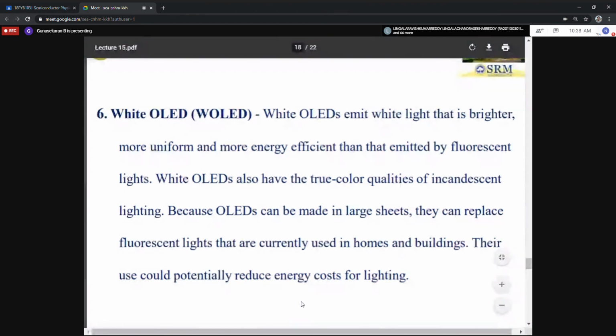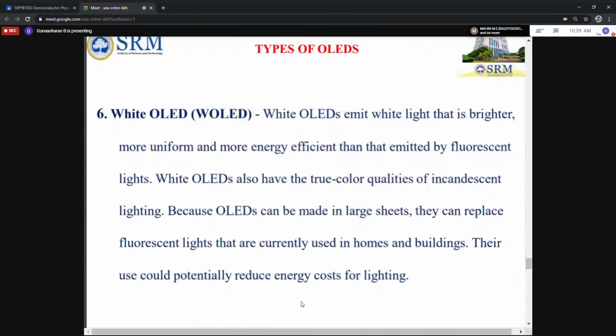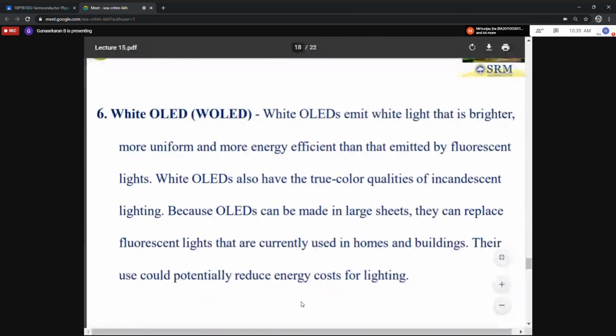I think most buildings constructed today are decorated with the help of OLEDs. So that is pure white light OLEDs. They emit white light, but consume less power. With less power, you get more brightness. So they could potentially reduce the energy cost for lighting.